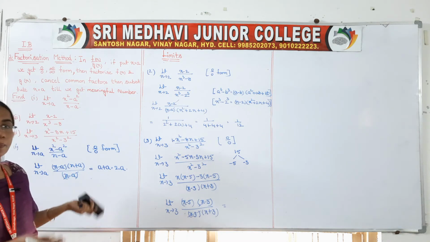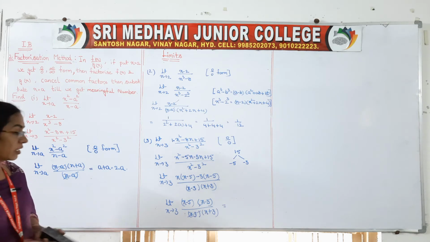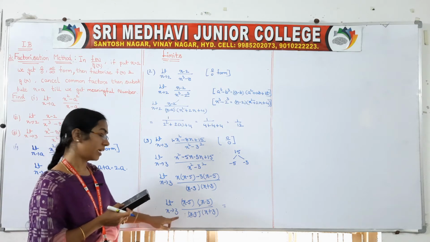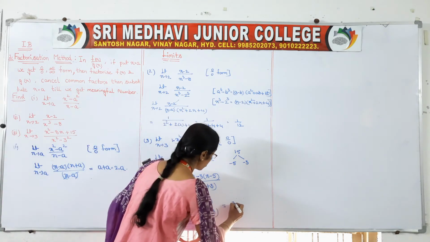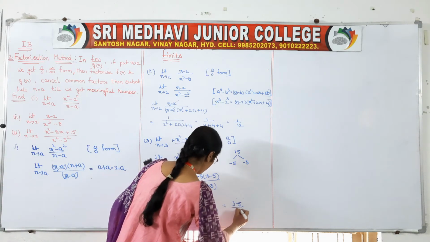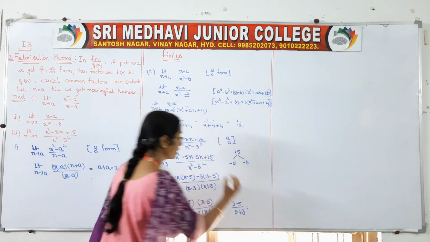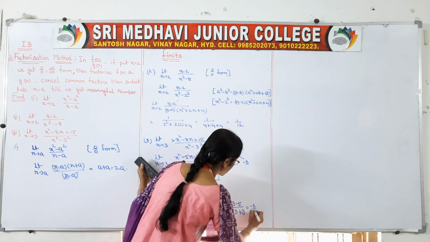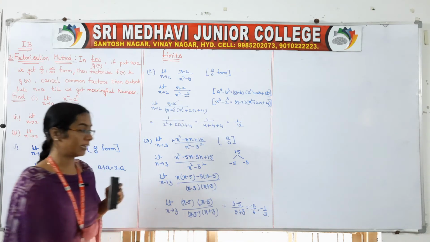So no further simplification, we can just substitute our limit value. What is our limit value? X tends to 3, so that 3 we have to substitute here. So 3 minus 5 by 3 plus 3 is equal to minus 2 by 6, which is equal to minus 1 by 3.